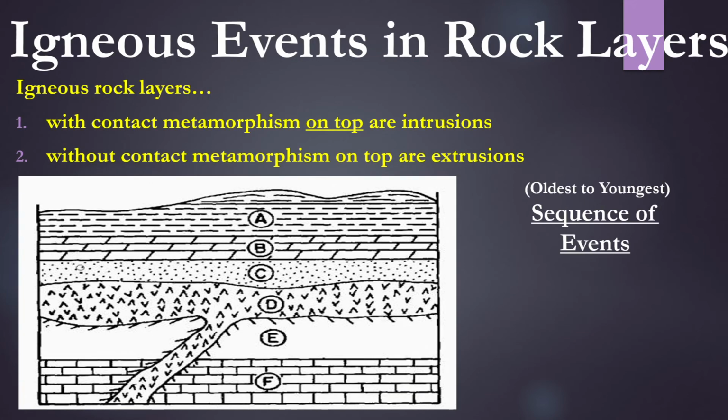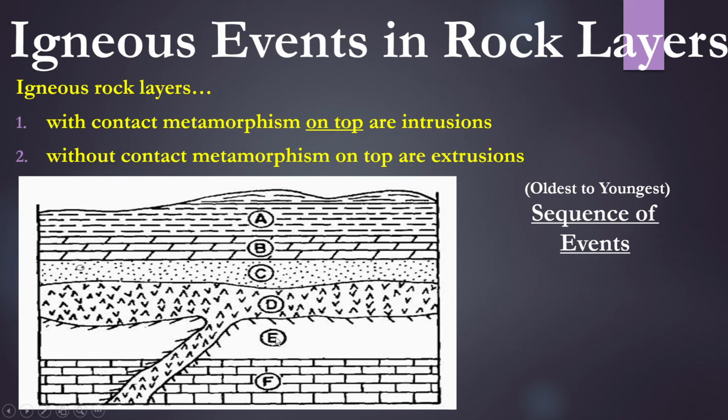Continuing with this idea of intrusions. If we analyze these rock layers here, you might say to yourself, well, the oldest on the bottom, that's easy. F, that's the oldest.